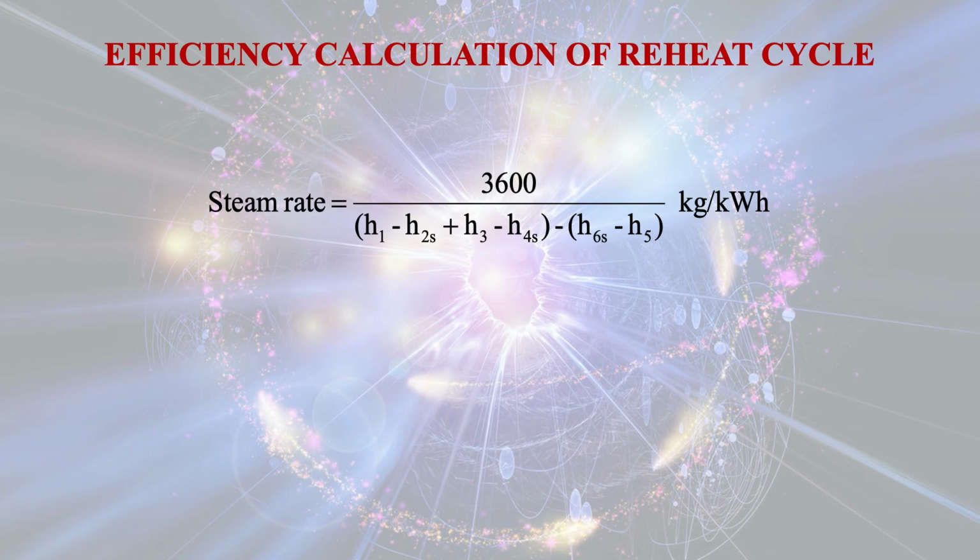The steam consumption rate is equal to 3600 divided by the net work output, and with these expressions we can calculate the steam rate.